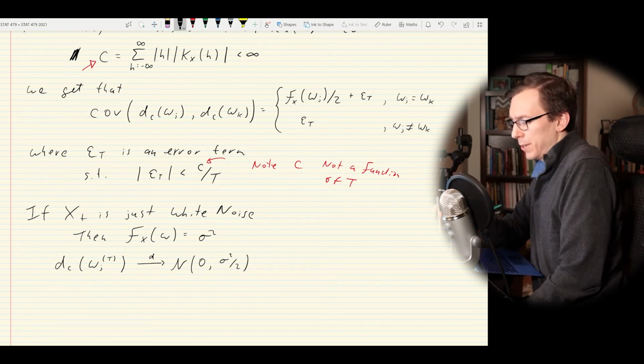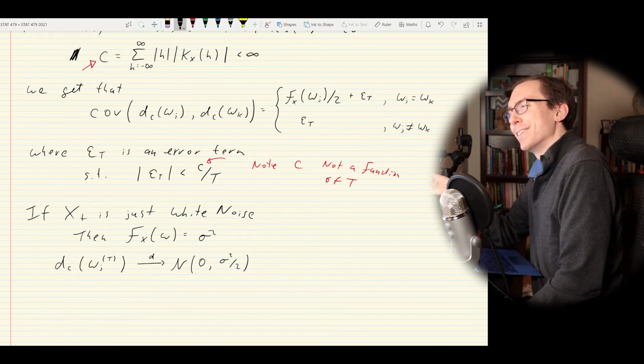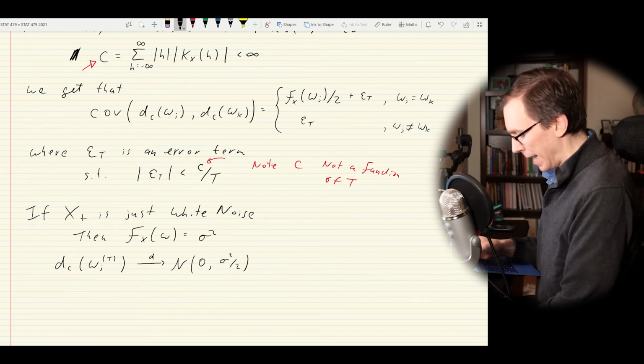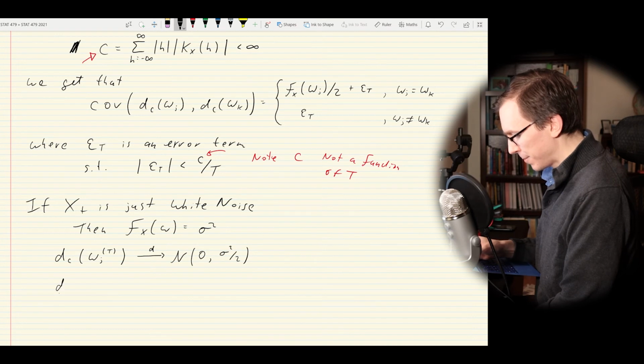Oh yeah, no, of course, we're computing the covariance here. I was like, wait, shouldn't it be that we're tending towards sigma squared? Yeah, this is the variance we're getting out here. Sigma squared divided by 2 for the covariance that I calculated above. This also happens for the discrete sine transform.